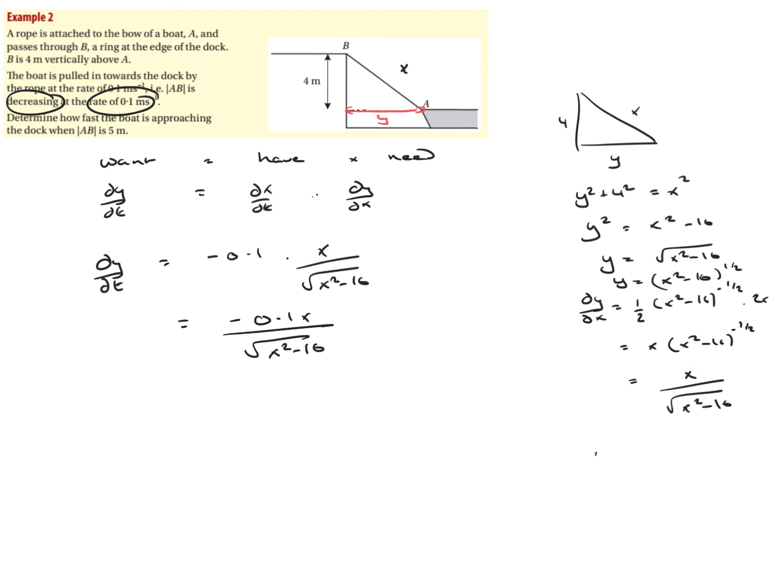Now we've been asked to work it out when AB is equal to 5, and AB is the variable x. So at x is equal to 5, dy/dt is equal to minus 0.1 by 5, over the square root of 5 squared minus 16. And if you put that into your calculator, you get minus 1/6. And we are done.